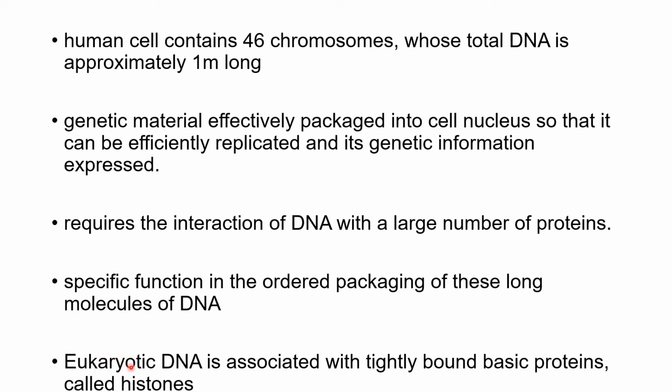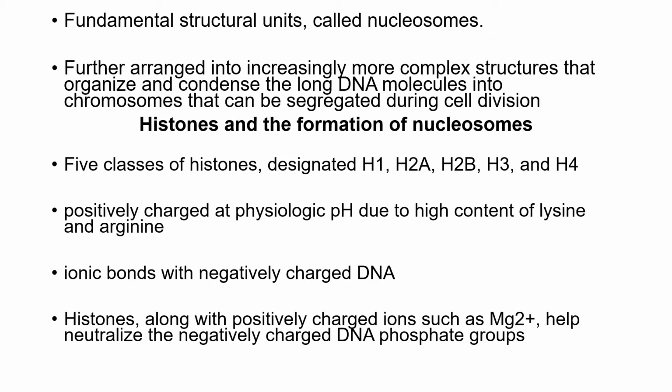The eukaryotic DNA is associated with tightly bound basic proteins, which are known as histones. Histones are the basic proteins by which they are associated with the DNA, and these histones form the compaction of DNA into the nucleus.